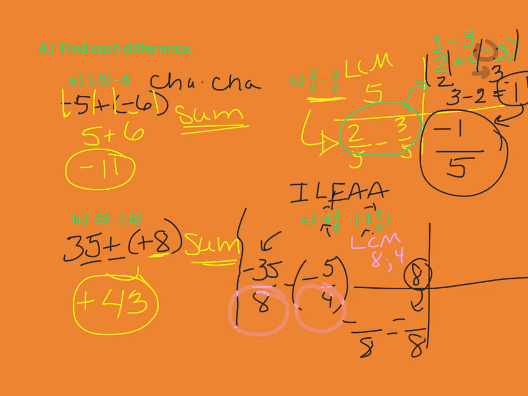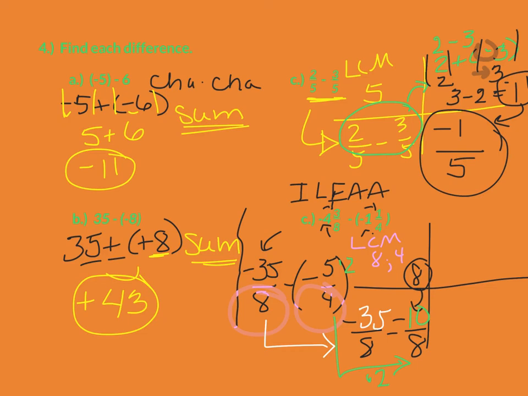Okay, well, my first one, this is easy. 8 to 8, I don't get to do anything to that. So it remains the same at 35. So it's negative 35 minus, well, how do I get from 4 to 8? Hopefully you remember that 4 times 2 gives us 8. So therefore 5 times 2 gives us 10.